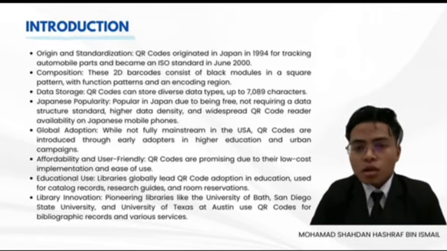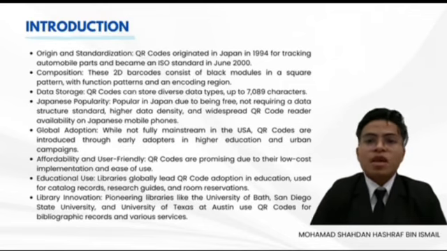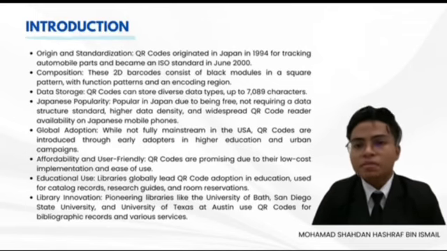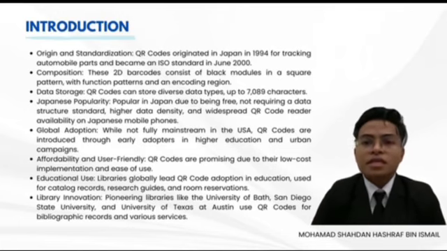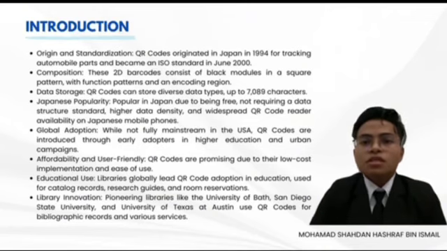A QR code comprises function patterns and encoding regions. Function patterns, including finder, separators, timing, alignment patterns, and a quiet zone, aid in reading and correcting code distortion. The encoding region contains format and version information, along with data and error areas.